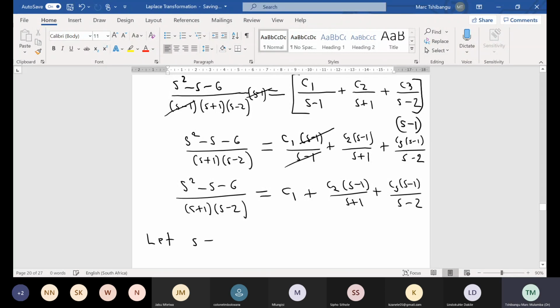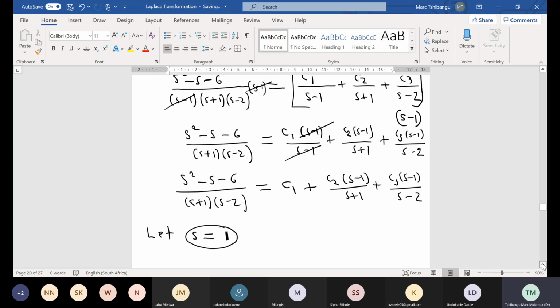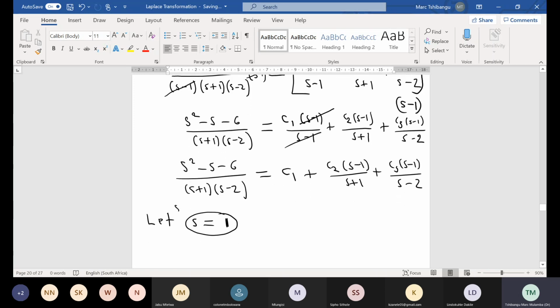let s be equal to 1. Remember that you find this value by equating the denominator of c1 to 0 and solve for s. Let's sub s equals 1. So now we're going to sub.